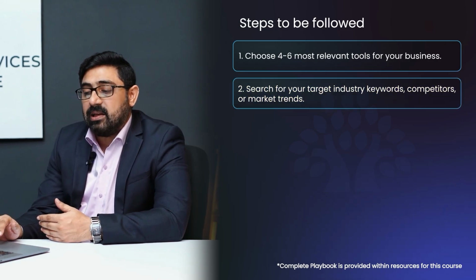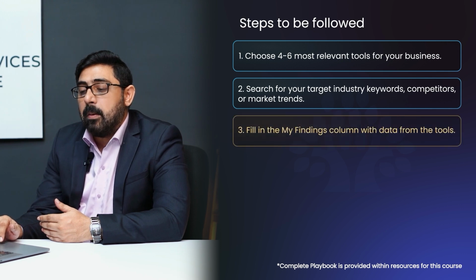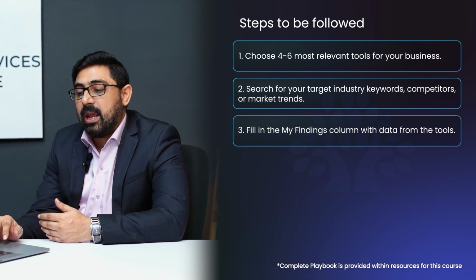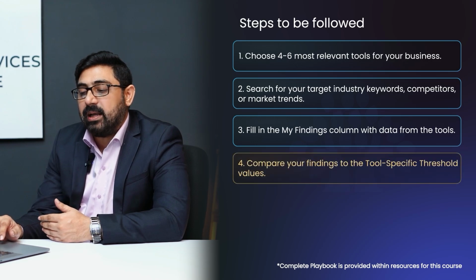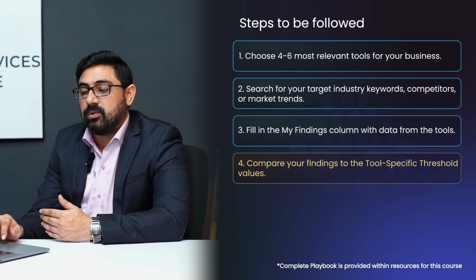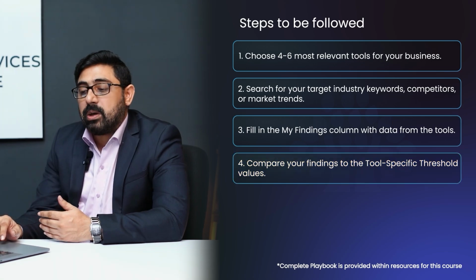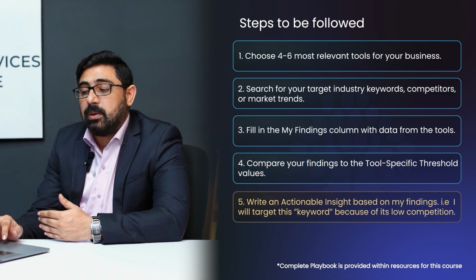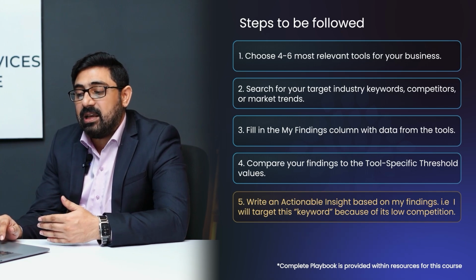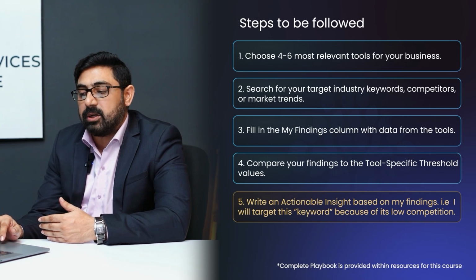Once you identify these things, you have to fill in the My Findings column with the data from these tools, and then compare your findings to the tool-specific threshold values. In the end, you can also write an actionable insight based on your findings. For example, you can say that I will target this keyword because it has low competition.